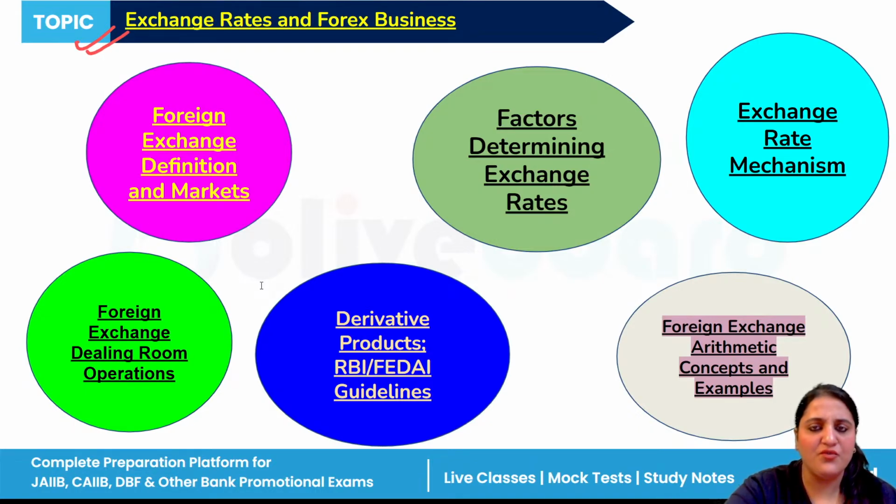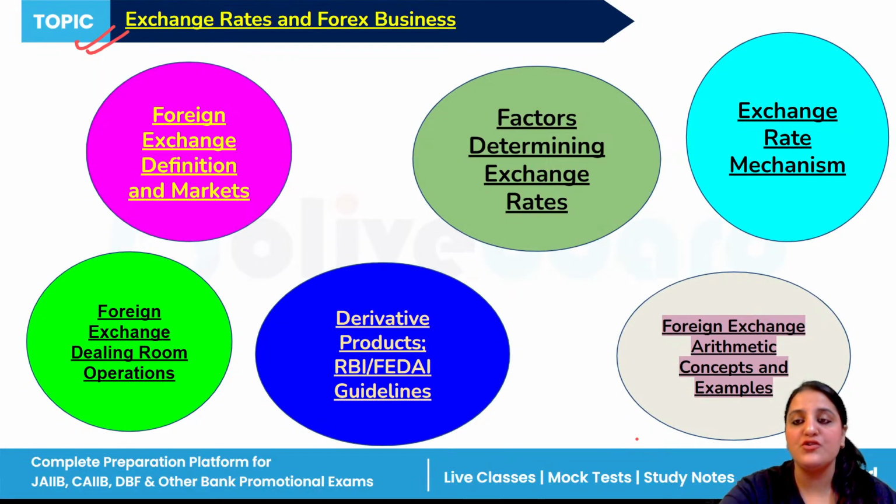What are the guidelines? What is FEMA? What is FERA? What is foreign exchange arithmetic? And also who are the global participants in this, and what is the role of the RBI and FEDAI? We are going to learn about this in this chapter, and also some numericals are there.